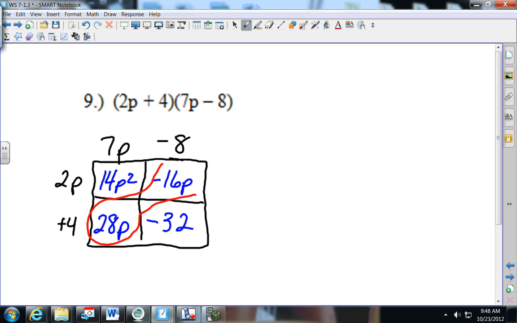Put the p's together. You get 14p squared plus 12p minus 32. That should be your answer.